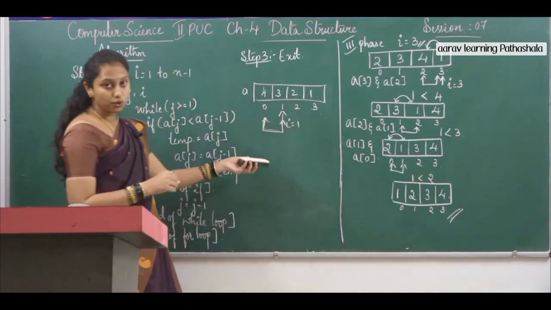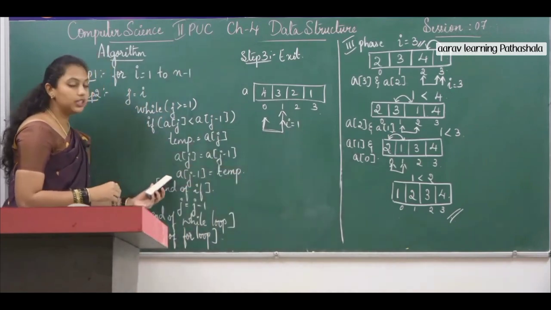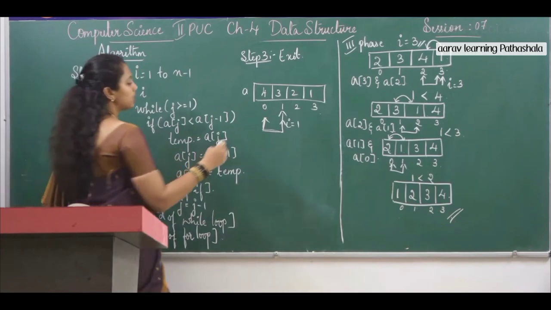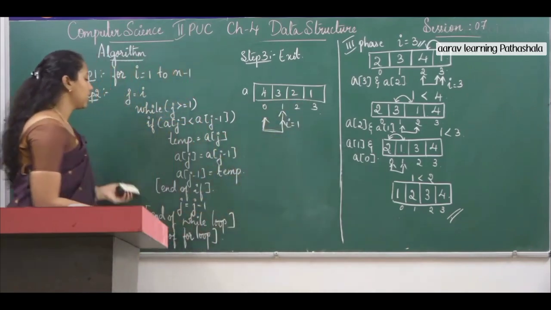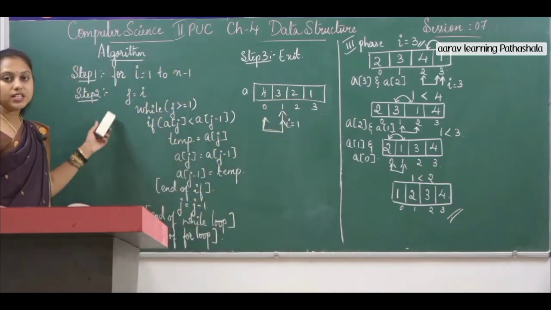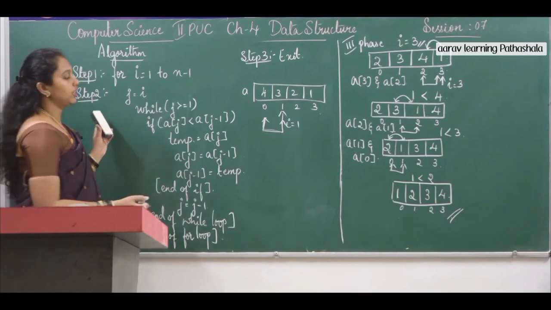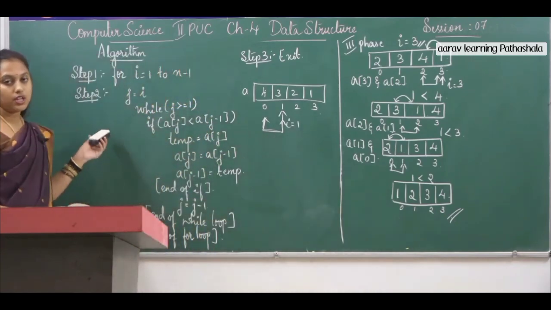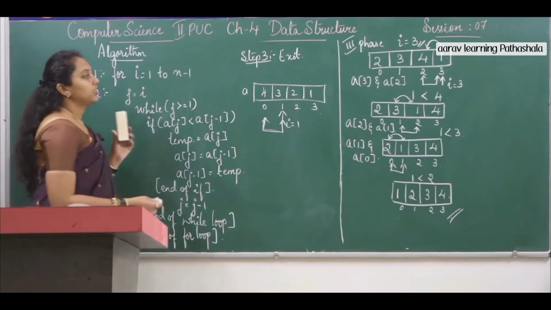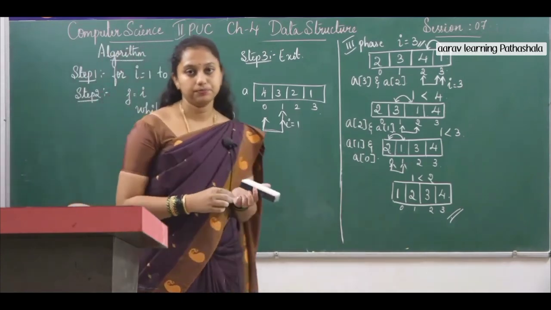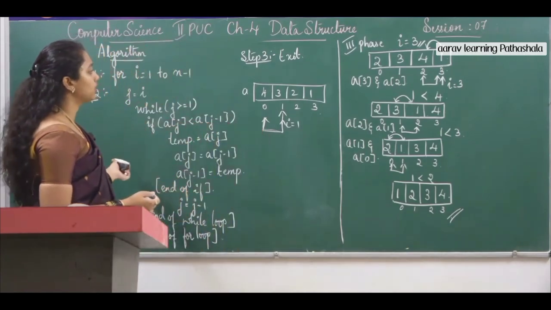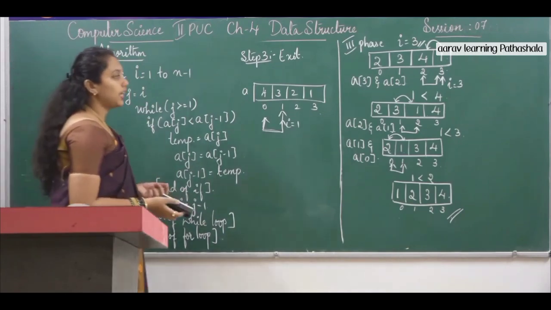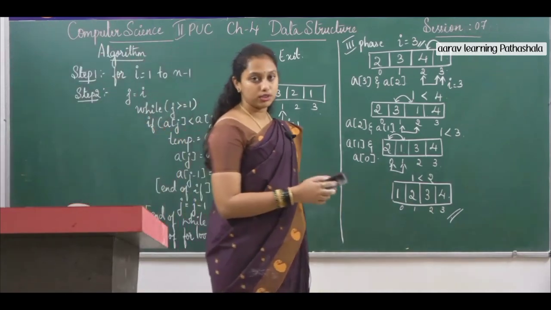If the condition is true, we are going to swap the array elements. So until the elements get sorted, this loop gets executed. After the elements get sorted, the condition is not satisfied, so the program gets terminated. So this is the algorithm for insertion sort. Now let's write a program for this.